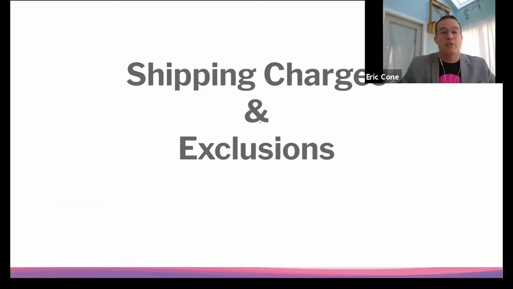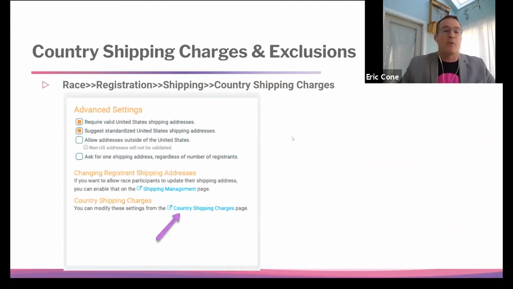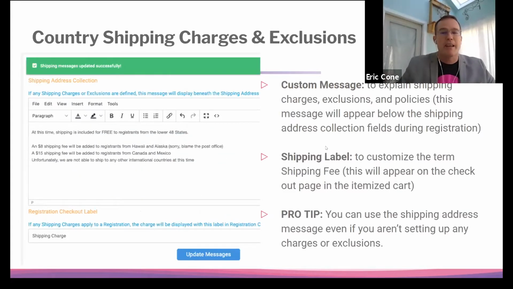All right, shipping charges and exclusions. This little feature allows you to set prices for shipping if you're going to charge people shipping fees. When you click on it, it allows you to customize the message to explain what those shipping charges are and what your policies might be.